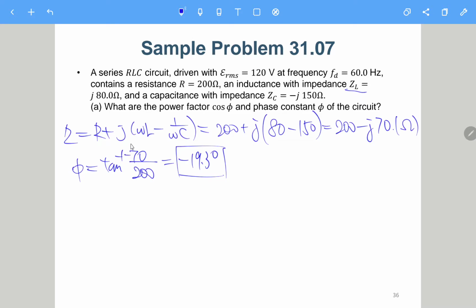This is the imaginary part over the real part, and then take the arctangent to get phi, so it is negative 19.3 degrees. So the power factor, which is cosine phi, is cosine of negative 19.3 degrees, which is 0.944.